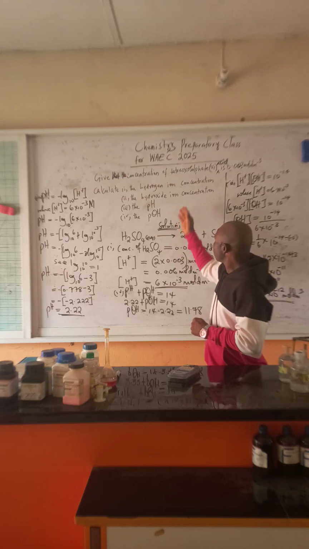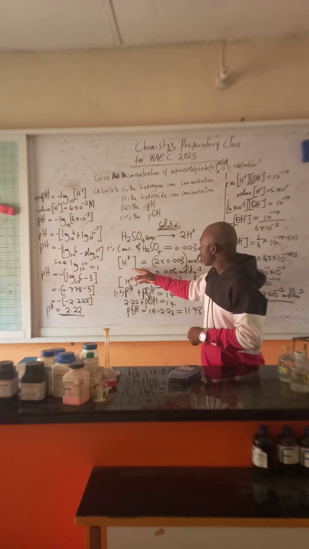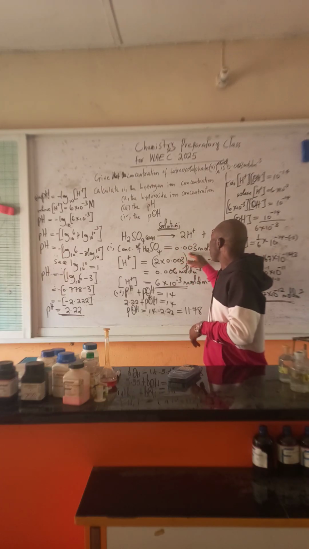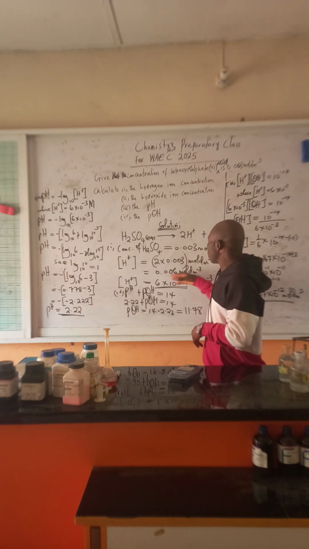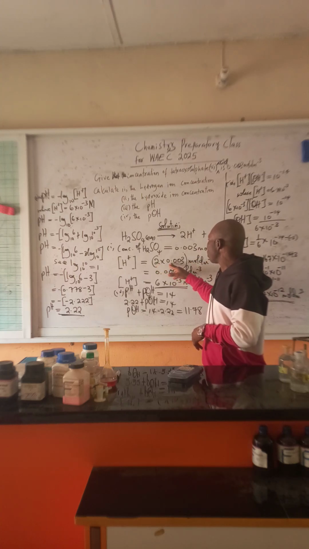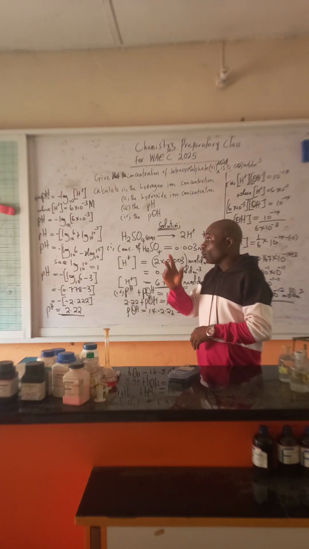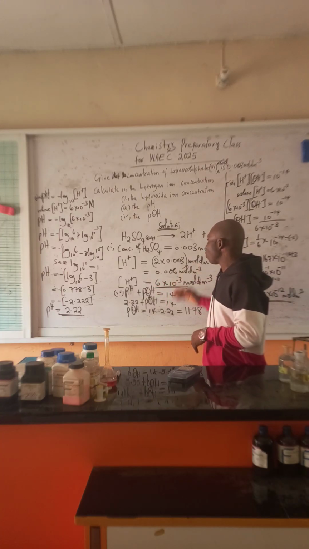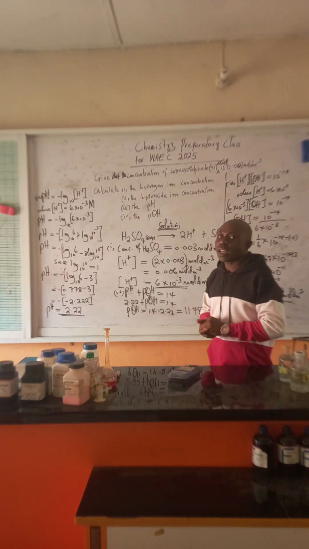It means to get the hydrogen ion concentration, these 2 moles of hydrogen ion are multiplied by the entire concentration of H2SO4. That's 2 times 0.003, all in mole per dm³. If you multiply very well, your answer will be 0.006 mole per dm³. That is the hydrogen ion concentration.